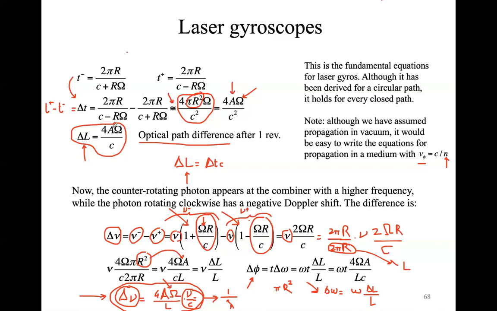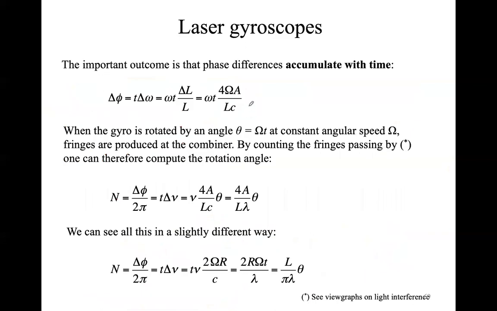If you substitute this expression in this one, you can see that delta phi is equal to omega t times the angular velocity input of the spacecraft, times the area of the ring laser gyroscope, divided by L c. Why is this formulation important?